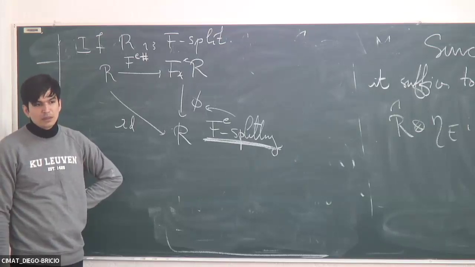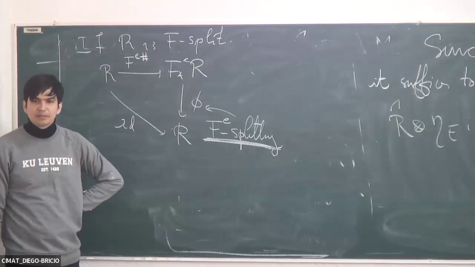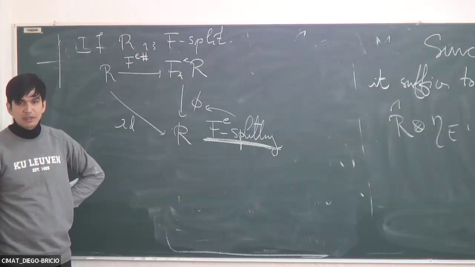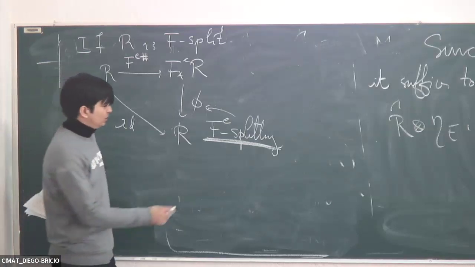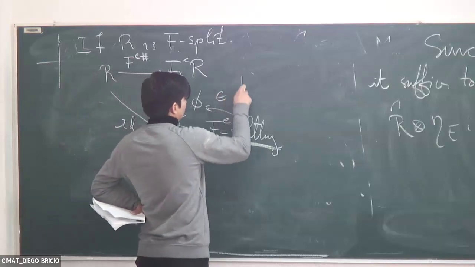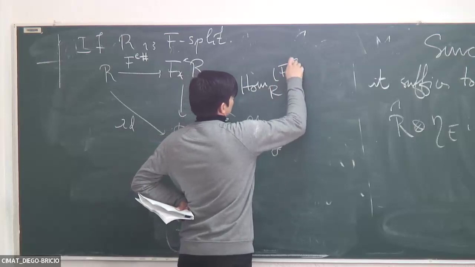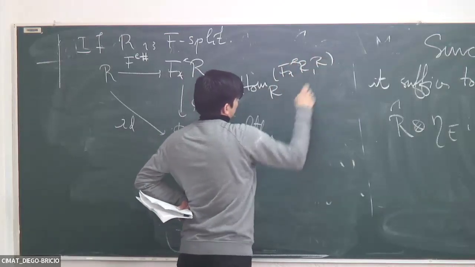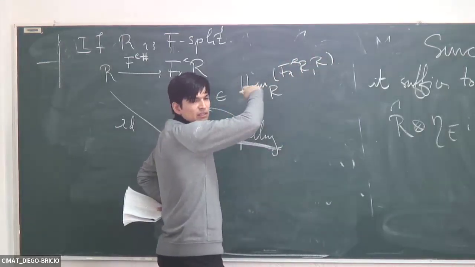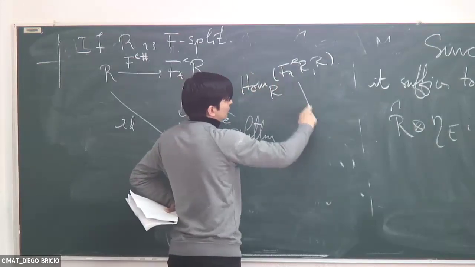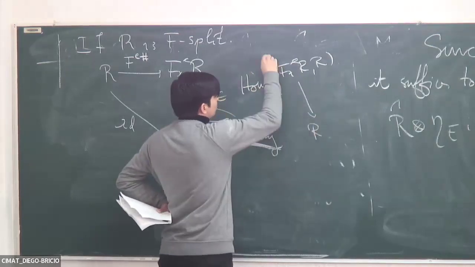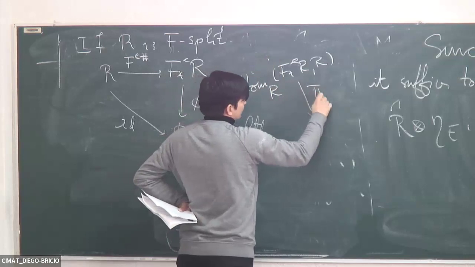Okay. So we're going to spend big time probably studying F-splittings. So this is a thing that goes from here to here, right? And we are going to study this very hard. And there would be a trace, the so-called Frobenius trace.